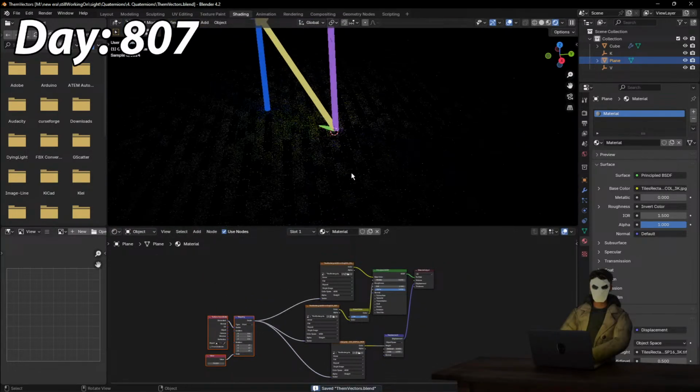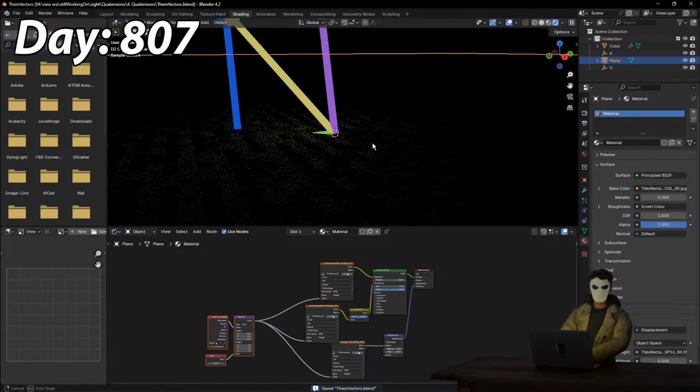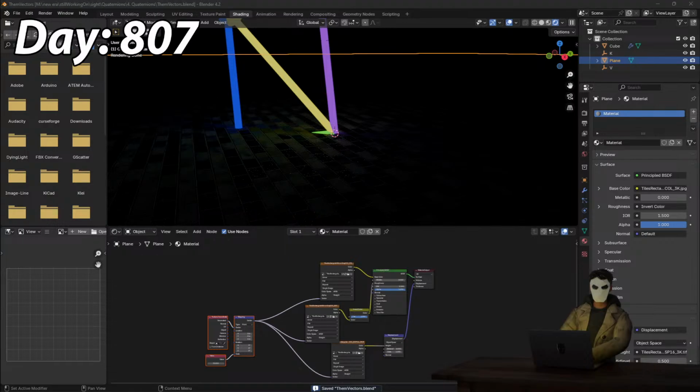Now, the problem with this is there's a couple. First of all, it looks like garbage, so I might actually need to change it up to a different texture. The metal zinc galvanized, that's tempting.